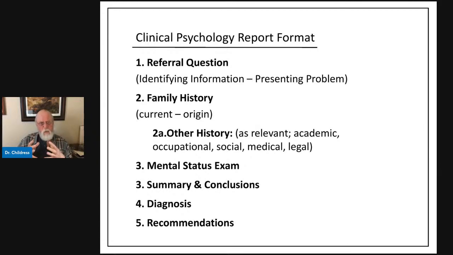That narrative in the summary and conclusions should lead right into the next section, diagnosis, so that when you offer your DSM-5 and ICD-11 diagnosis, it makes total sense based on the history information summarized in the summary and conclusion section.